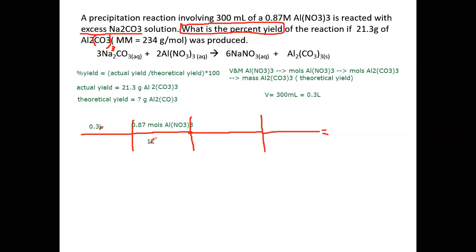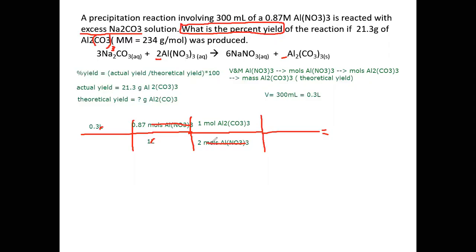Next, we want to convert moles of aluminum nitrate into moles of aluminum carbonate. So notice here, for the equation, 2 moles of aluminum nitrate give us 1 mole of aluminum carbonate. So it's a 2-to-1 ratio. 2 moles of aluminum nitrate, 1 mole of aluminum carbonate. So notice here that the moles of aluminum nitrate cancel out.